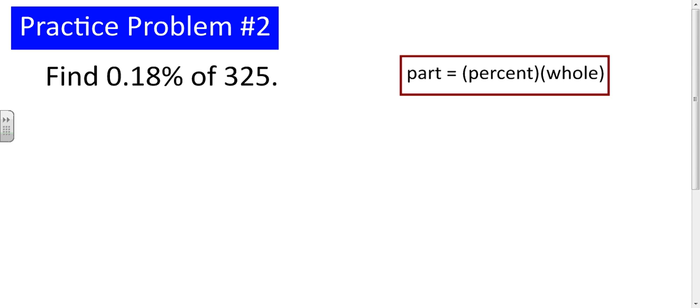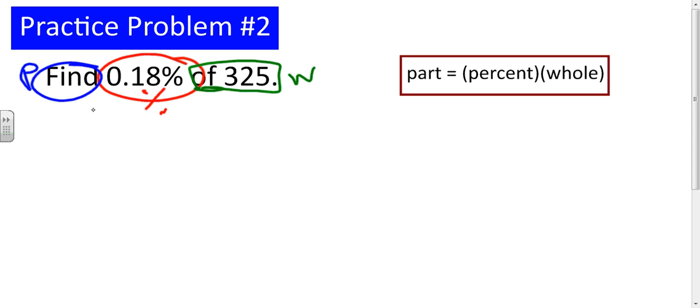I want to find 18 hundredths of a percent of 325. So 18 hundredths of a percent, that's definitely my percent there. Of 325, keyword of, telling me that this is the whole. I am looking for the part. That's what I don't know. So part equals percent times whole.